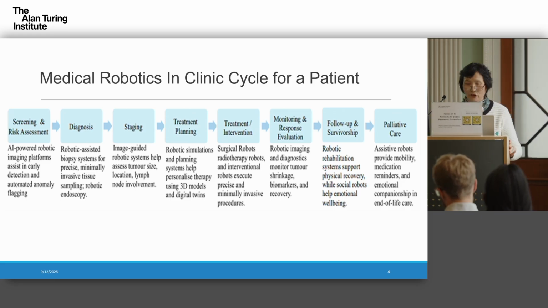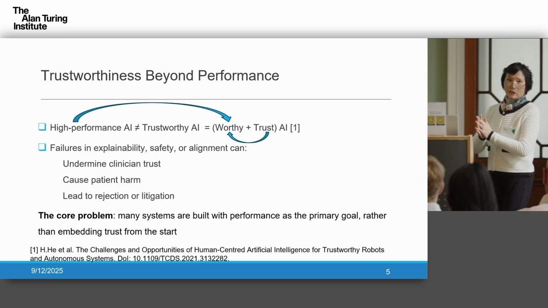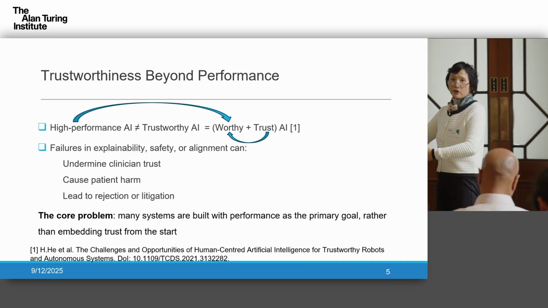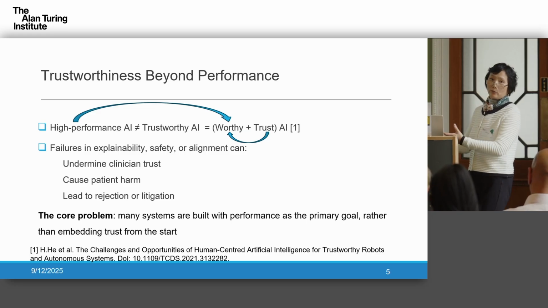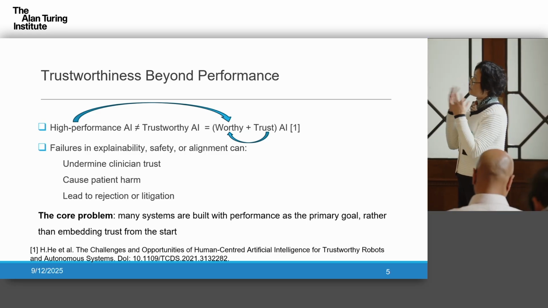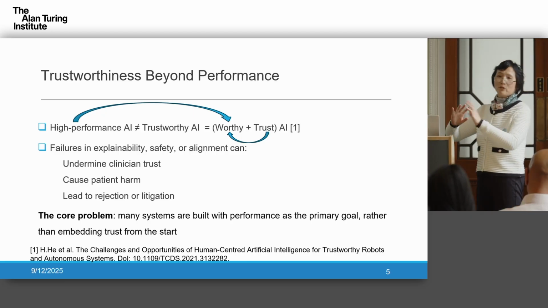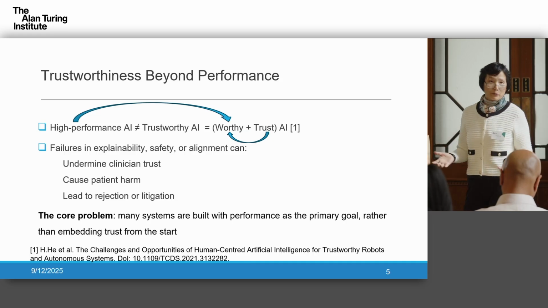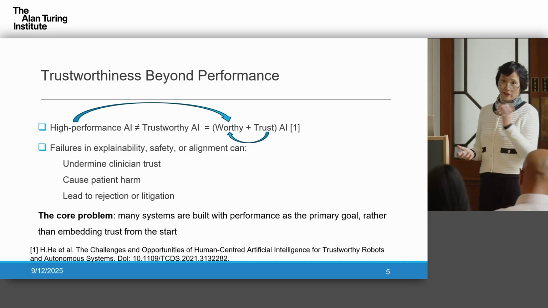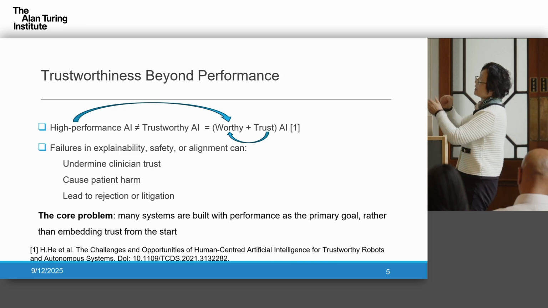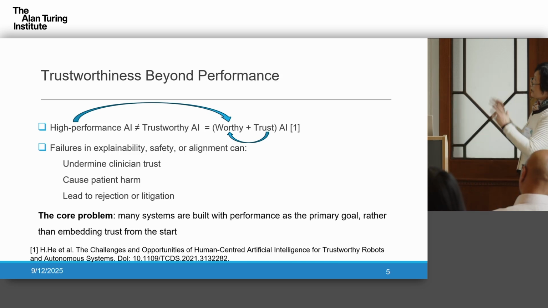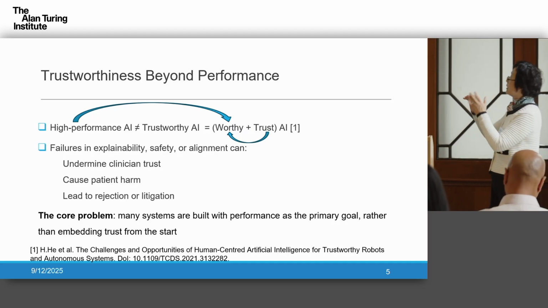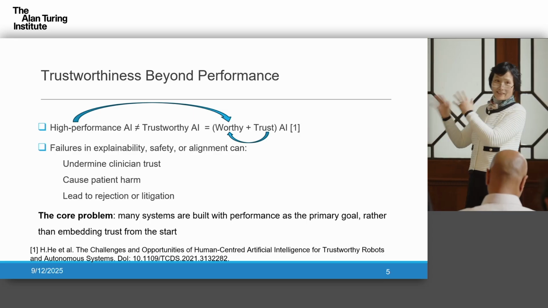So we talk about trustworthiness beyond performance. My research focuses on human-centered AI for trustworthy robotics and autonomous systems, and previously I considered a very simple equation. We know high-performance AI is something everybody wants to build, and there is a lot of research on it, but high-performance AI is not trustworthy AI. We can simply explain trustworthy AI as worthiness plus trustness.